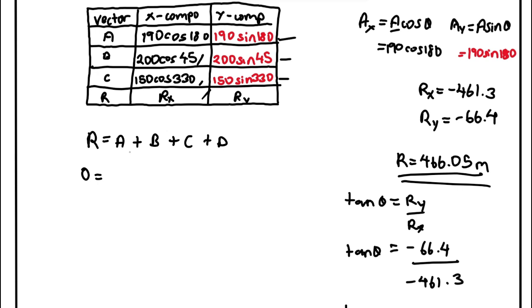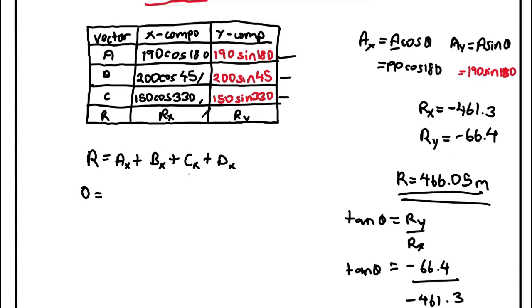What's our A? Now remember, we have to get AX, BX, CX, DX. So our AX is 190 cos 180 plus our BX is 200 cos 45.